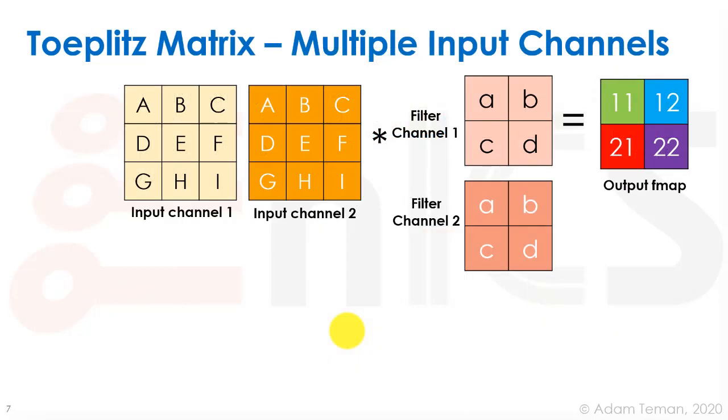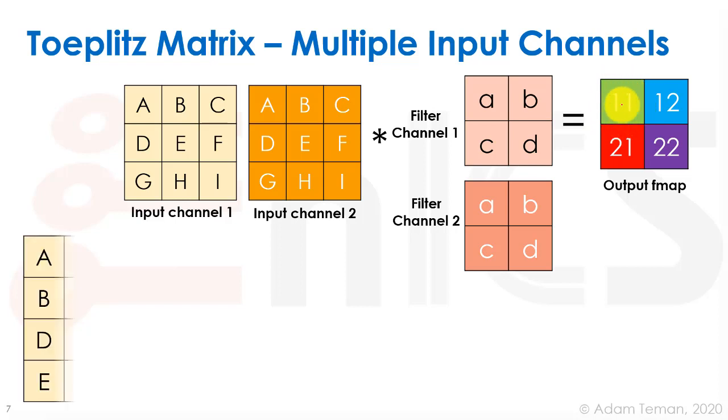How does that work with multiple input channels? Now we have 2 input channels in our input feature map, and we have 2 filter channels that they have to multiply by. Of course, the first slide of the window puts filter channel 1 over input channel 1 and filter channel 2 over input channel 2, and together the dot product of all those 8 values gives us this 1,1.